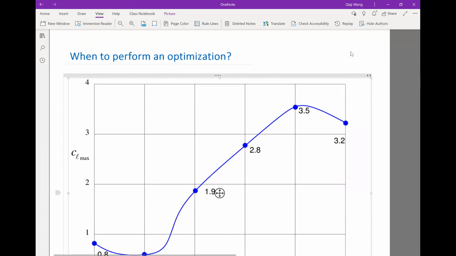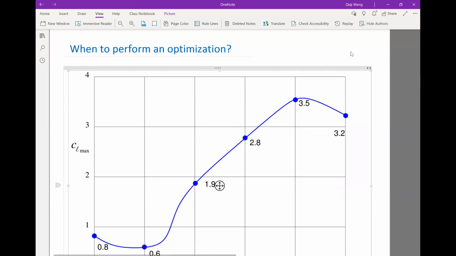Optimization is very similar, except that we are looking at how the output depends on the control factors, with the intent of changing the control factors to maximize or minimize the outcome.